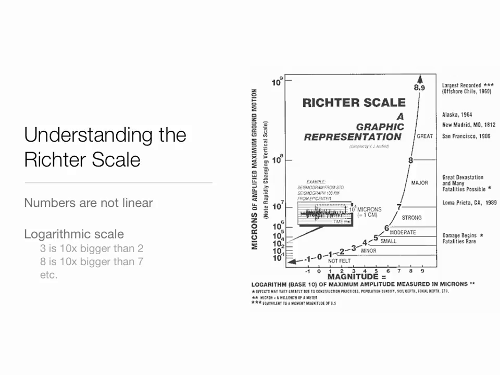And that's because the magnitude of a magnitude 7 earthquake is 10 times that of a magnitude 6, right? And a magnitude 8 is 10 times that of a magnitude 7. So these get to be really, really big earthquakes very quickly, right? The smaller ones are obviously considerably smaller differences among them.